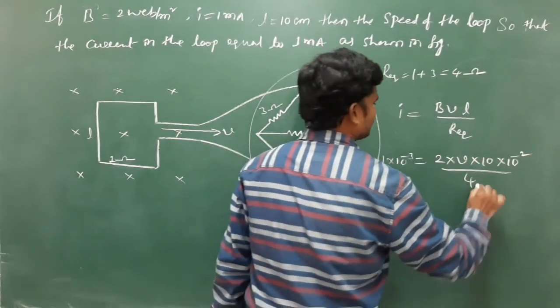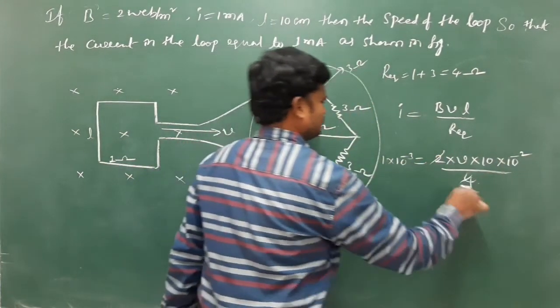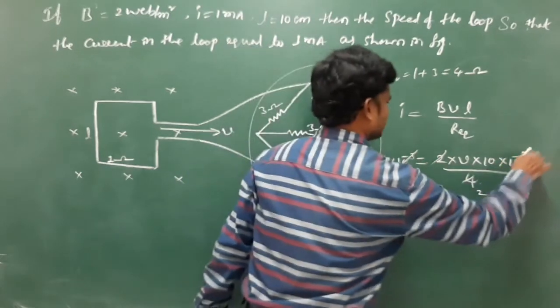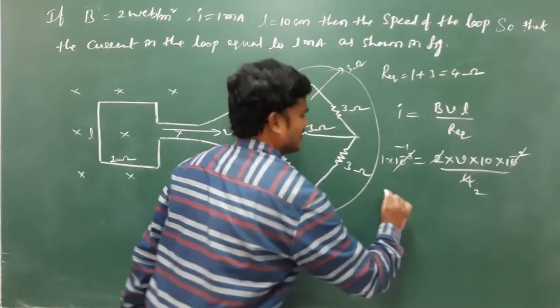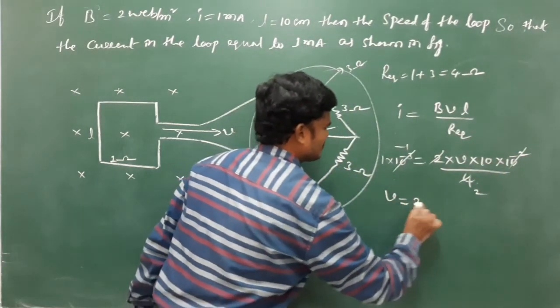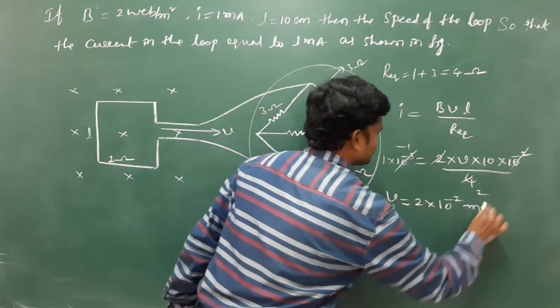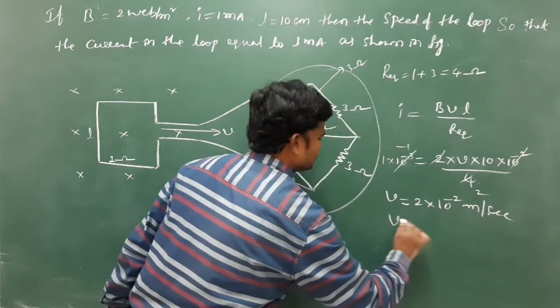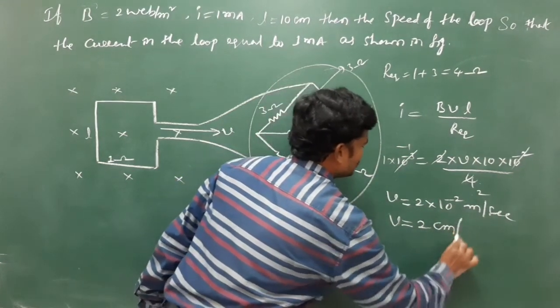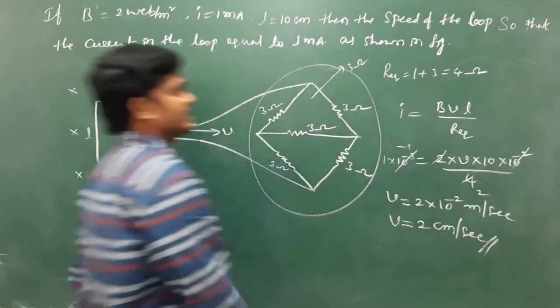Effective resistance is 4. So V is equal to 2 into 10 raised to minus 2 meter per second. So the speed of the loop is 2 centimeter per second.